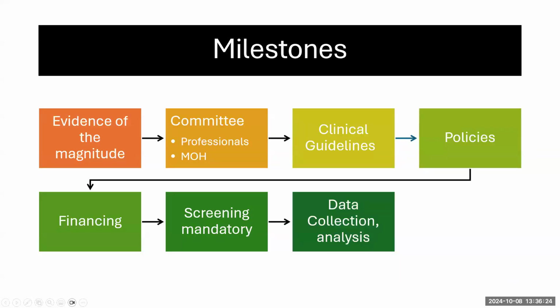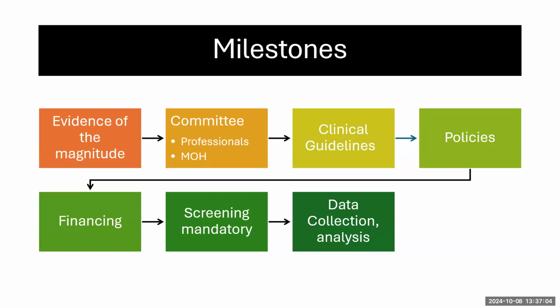Okay, so we decided to present the milestones that we had in Latin America. The first part was the evidence, the magnitude of ROP. At that point, we didn't even know that ROP was a big problem in children. Then once that was done, we started to set up national committees with professionals, associations and the ministries of health to try to tackle the situation.